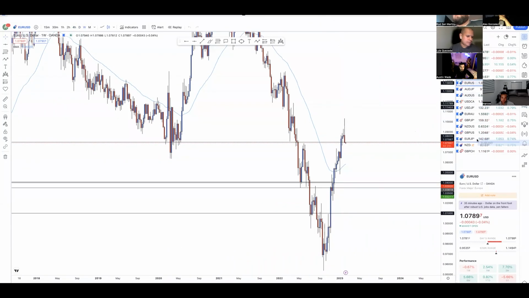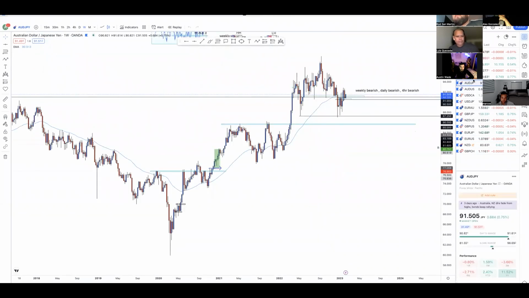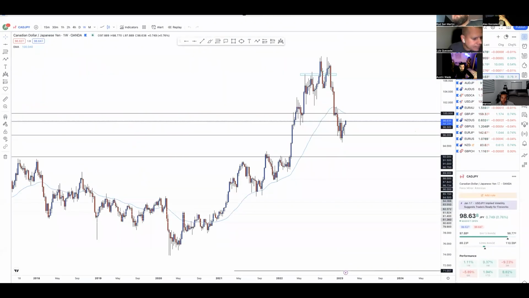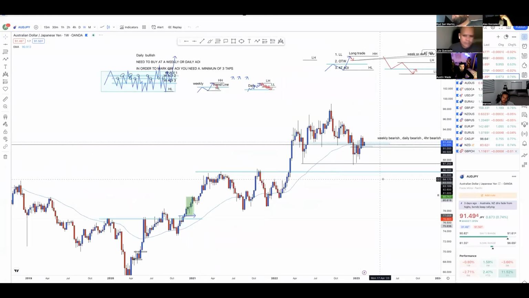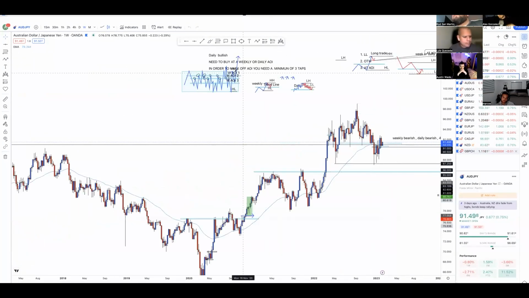I'm good. AUD JPY. We already threw CAD JPY down. AUD JPY. What the fuck is all this? Hey, having all these things.